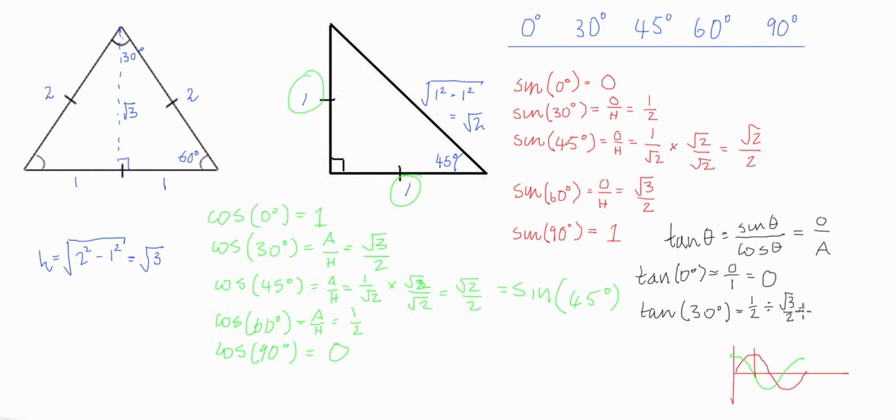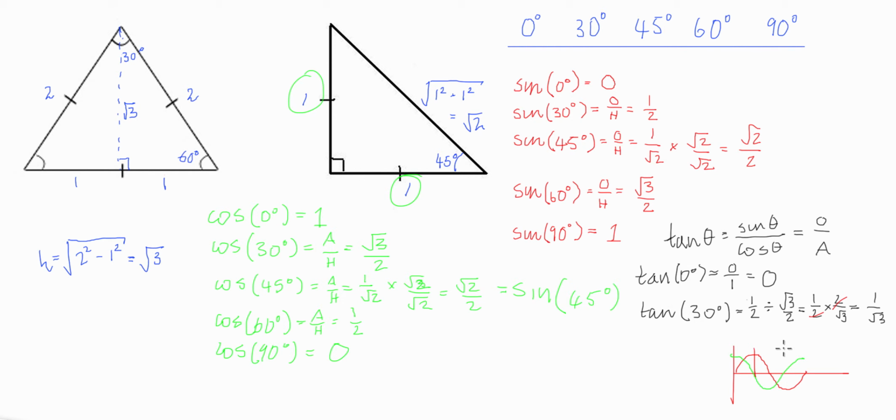Now, because you can't divide fractions, you must times by the reciprocal. So we have 1 over 2 times by 2 over square root 3. I'm going to assume that that's pretty common knowledge for you guys watching this. The 2's then cancel, and you're left with 1 divided by square root 3.